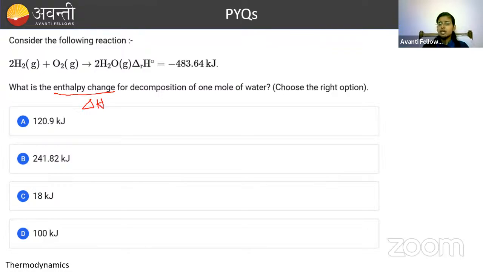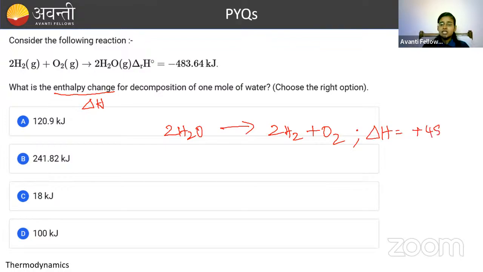Decomposition means one molecule getting converted into 2 or more than 2, right? So reverse this reaction. 2H2O giving 2H2 plus O2. This is the decomposition. Since I have reversed this, delta H will be equal to plus 483.64. Since we have reversed, we have to change the sign.